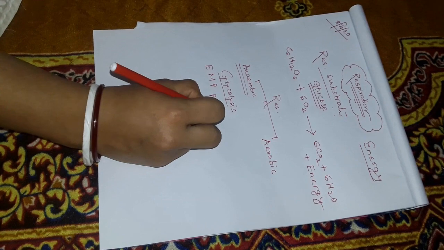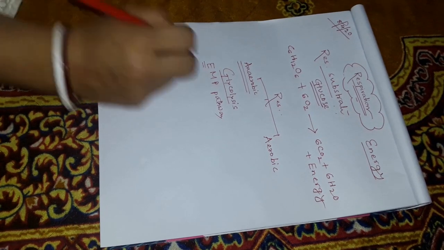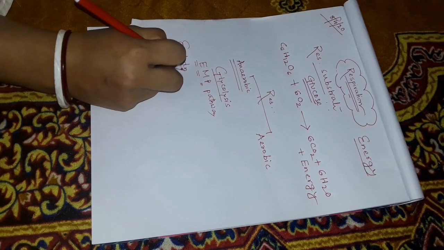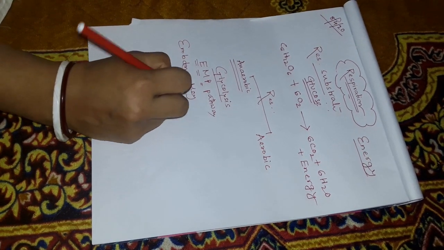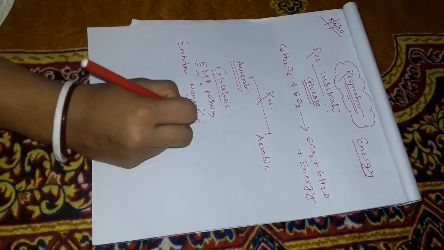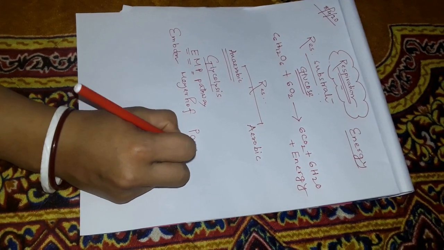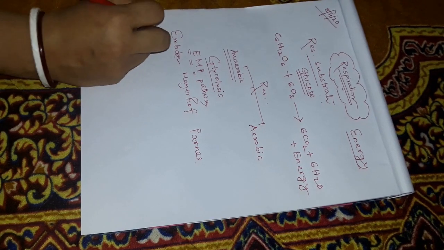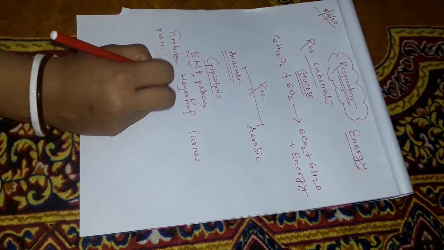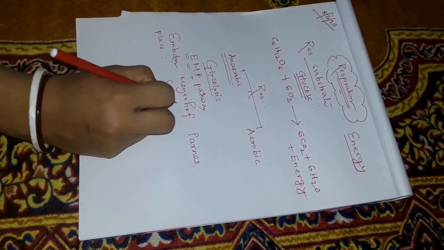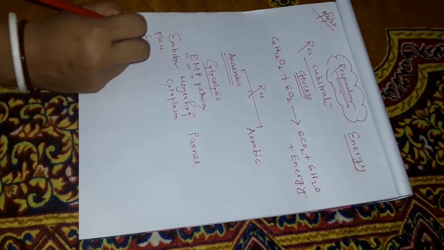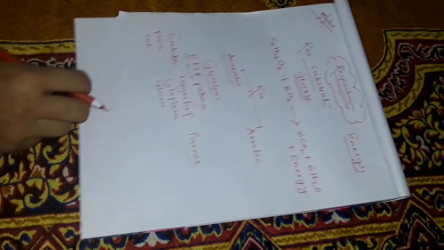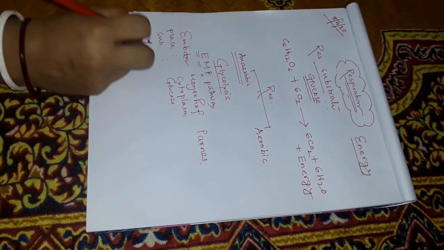Why EMP pathway? Emden, Meyerhof and Parnas, three scientists, discovered it. Where is it performed? Place of occurrence, cytoplasm. The substrate here is glucose.